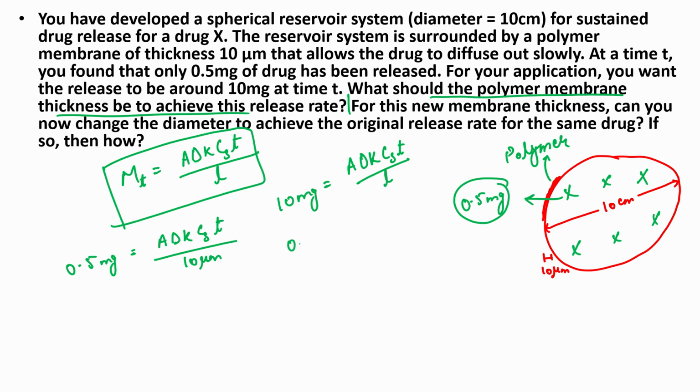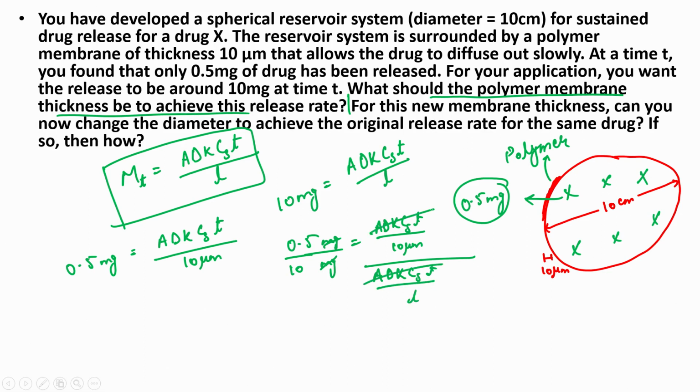So, 0.5 by 10 milligram is equal to ADKCST by 10 micron on this side, and for the 10 the other equation is ADKCST by L. So, obviously these two get cancelled, and what we will have is 0.5 by 10 equal to L by 10 micron.